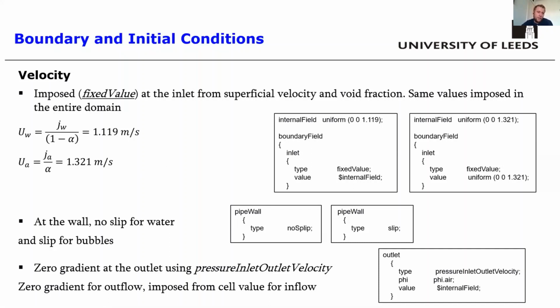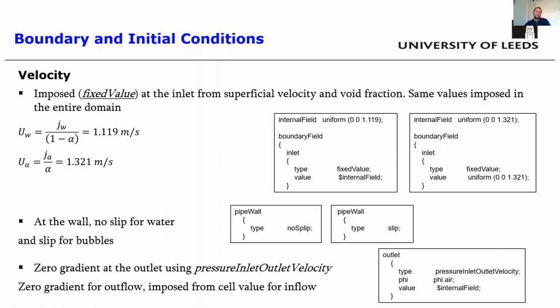Those values are considered uniform on the inlet section and also uniform in the domain at the beginning of the simulation. And at the wall, we have a no-slip condition for the liquid, and a slip condition for the air.